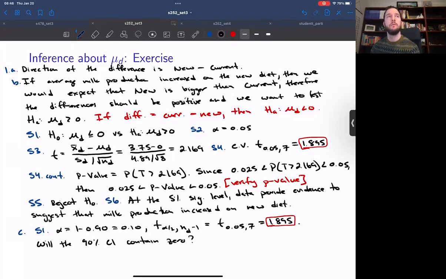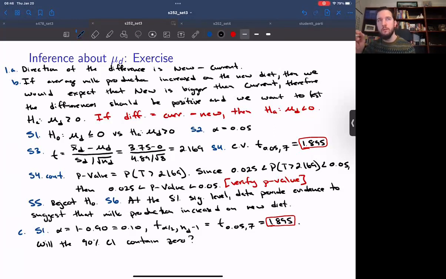Yeah, so we're not asking about 1.895, we're asking about the value of 0. So 1.895 is going to be used to build the interval, but will the interval contain 0? Correct, yeah.